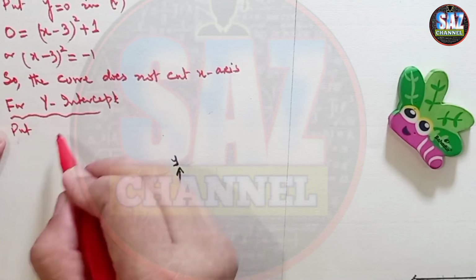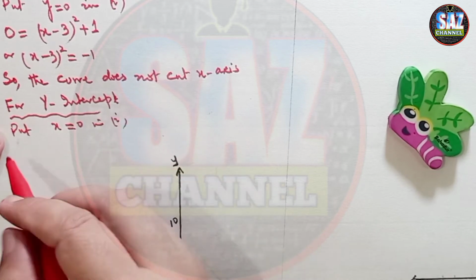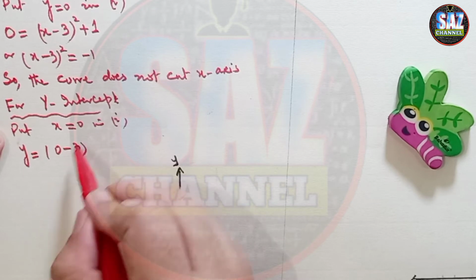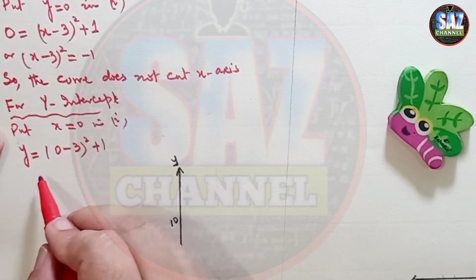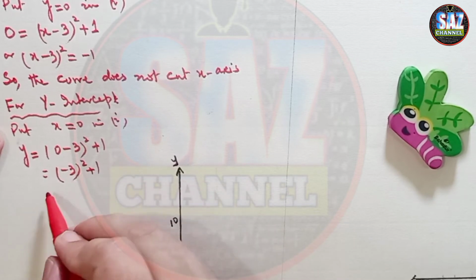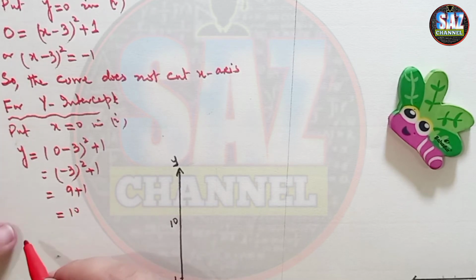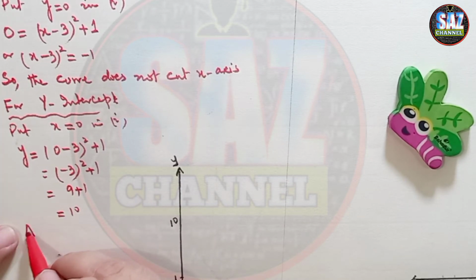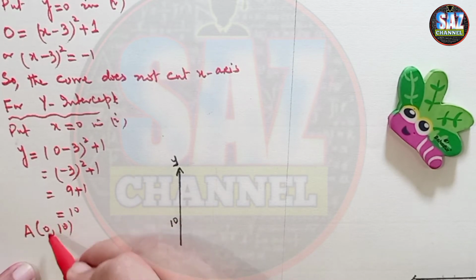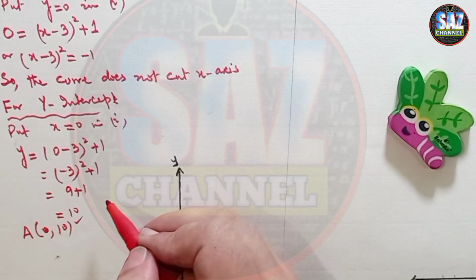Put x equals to 0 in the given equation, which is equation 1, and when I'm putting x equals to 0, this takes the form (0 minus 3) whole square plus 1, and this is (minus 3) square plus 1. Minus 3 square is 9, plus 1, which is equal to 10. So one of the intercepts we are getting is (0, 10), because the point is on the y-axis, and when any point is on the y-axis, its x value will be 0.